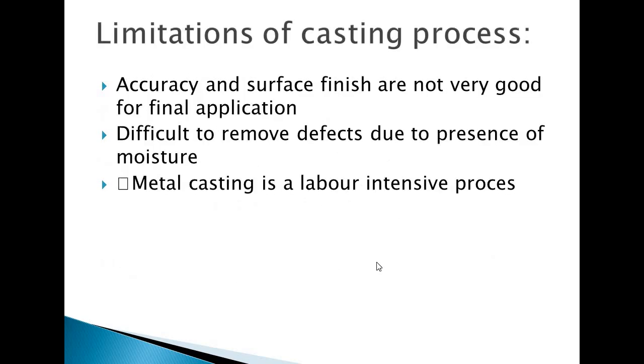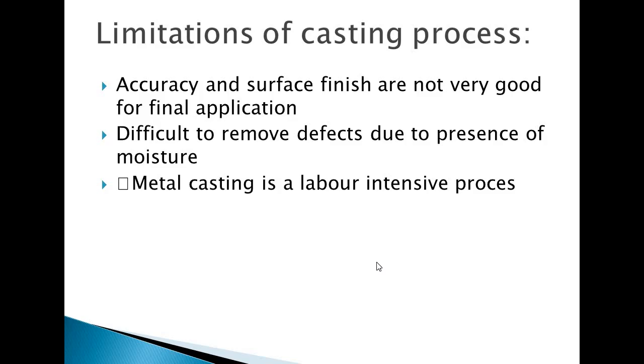Just as every process has advantages, there are also some limitations for casting processes. The first limitation is that accuracy and surface finish are not very good for final application. As I said earlier, we need to control the dimensions by doing some machining operation like lathe, VMC, or CNC operation, by which you can control the dimensions of your end product.